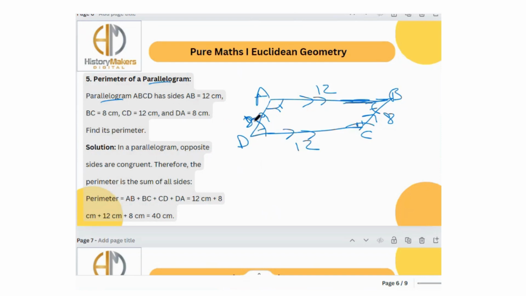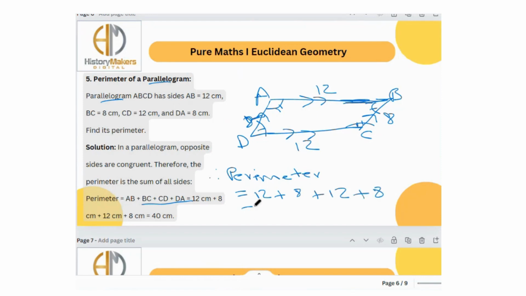So how you finalize this is that the perimeter is the total measurement of all the boundary sides combined together. So in this instance, you're going to say, therefore, perimeter will be equal to AB plus BC plus CD plus AD. All that is 12 plus 8 plus 12 plus 8.